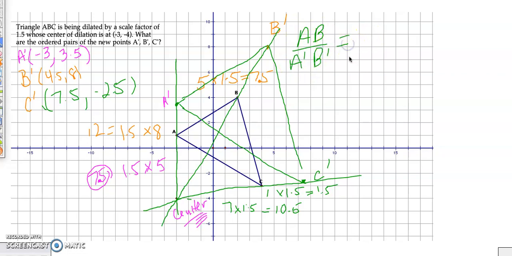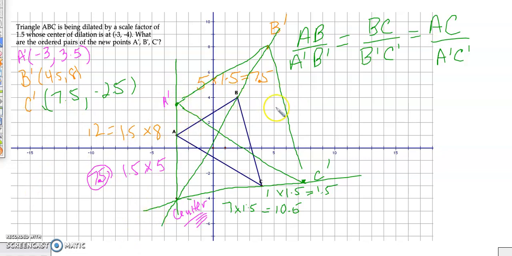The other thing to note is that if we were to calculate AB over A prime B prime, that ratio would be equal to BC over B prime C prime, which would be equal to AC over A prime C prime. One of the important things is, let me use a different color, when these triangles are similar, right?